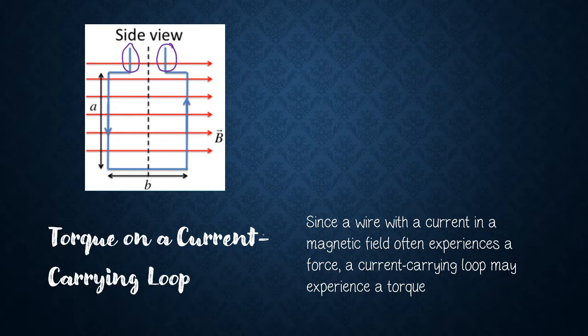Starting with that segment that's on the left that has the lowercase letter a next to it, if I use the right hand rule, I would find that the magnetic force on that segment of wire is pointed out. And so I'm going to put a little dot right here to represent that force.